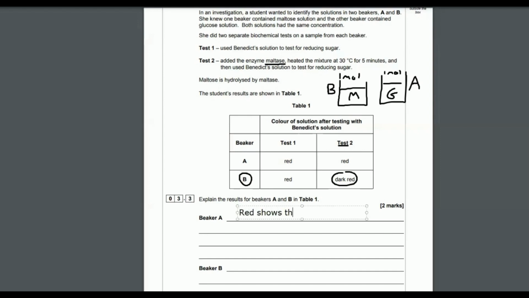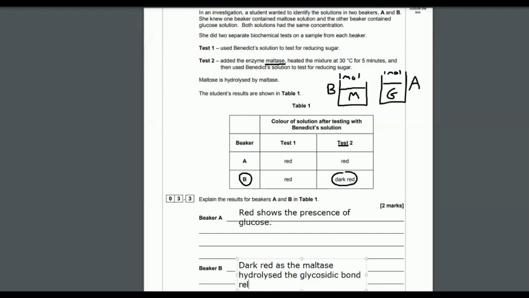Well, the reason why beaker A goes red with both tests is because it shows the presence of glucose, because we've done the Benedict's test and glucose is a reducing sugar. However, with beaker B, it goes dark red on test 2 because the maltase, which is an enzyme, hydrolyzes the glycosidic bond in the maltose, snapping it into two glucose molecules.